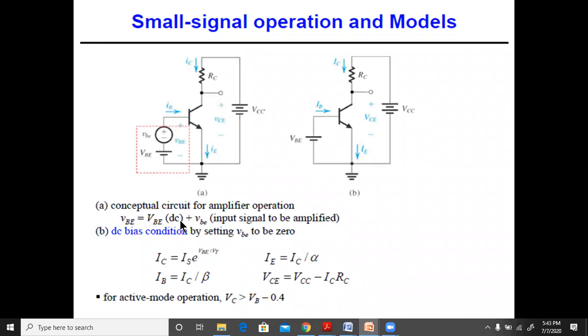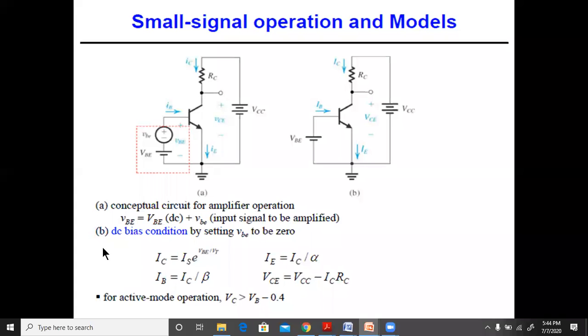So it doesn't matter which biasing scheme we use. Okay, different biasing schemes give different kinds of stability. One of them is used. Whichever is used will have the value of VB, which is equal to VBB. So that will be the biasing DC value, because of which we will have some DC at the output also.